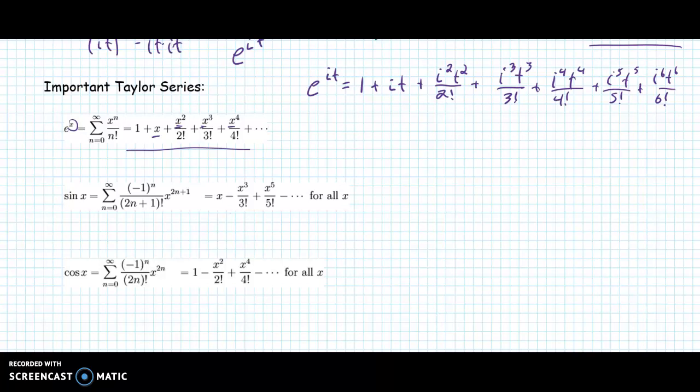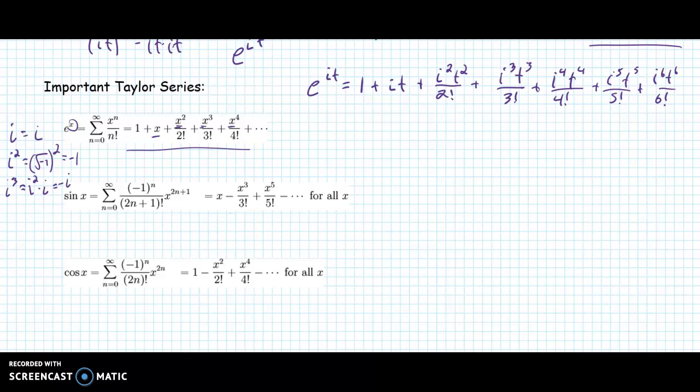We have different powers of i. So I'm going to do some scratch work over on the side. i is just i. Next, i squared is root negative 1 squared, which is negative 1. i cubed is i squared times i, and i squared is negative 1, so I get negative i.